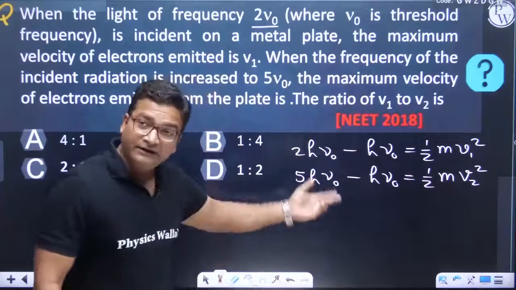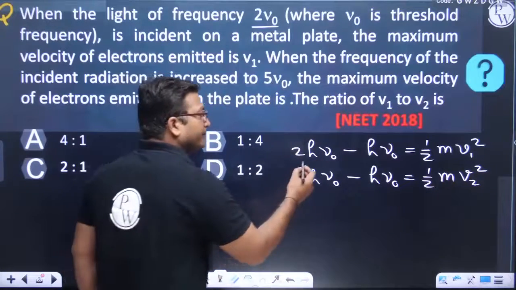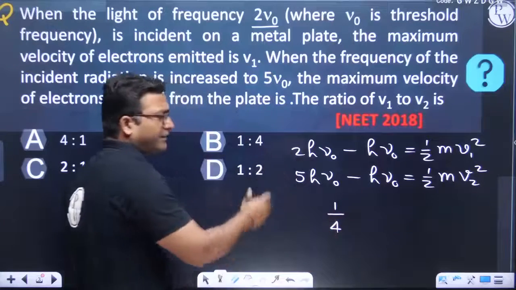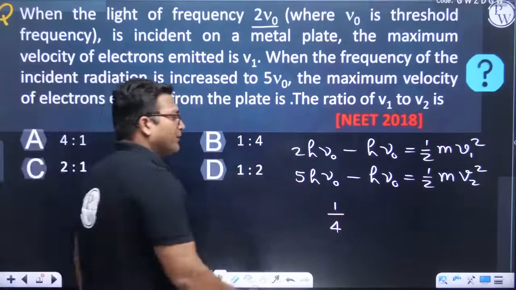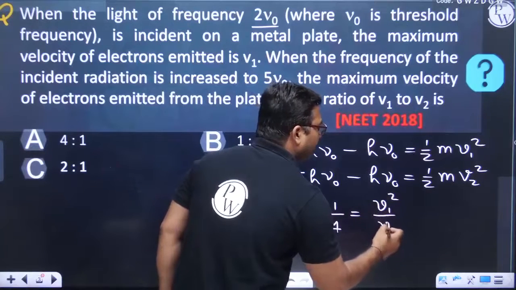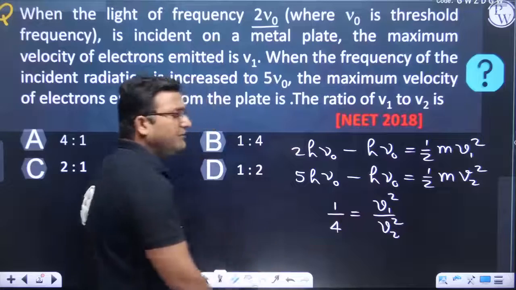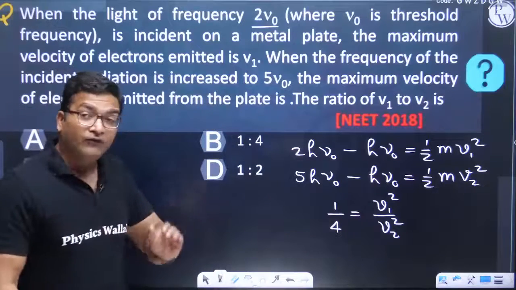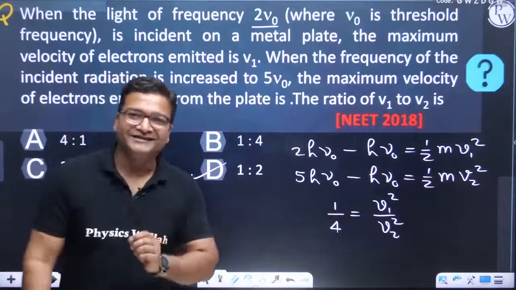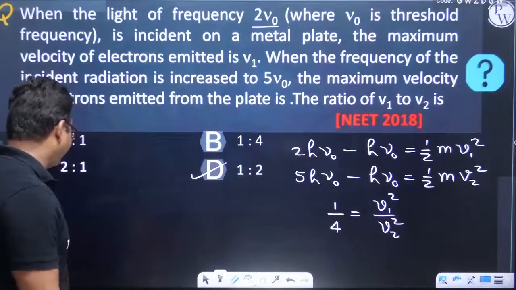If you divide these two, you will have 1 divided by 4 on the left, which is easy to calculate, and on the right you have v1 squared by v2 squared. So obviously v1 by v2 is 1 by 2, and D is your correct choice. Let us move to the next question.